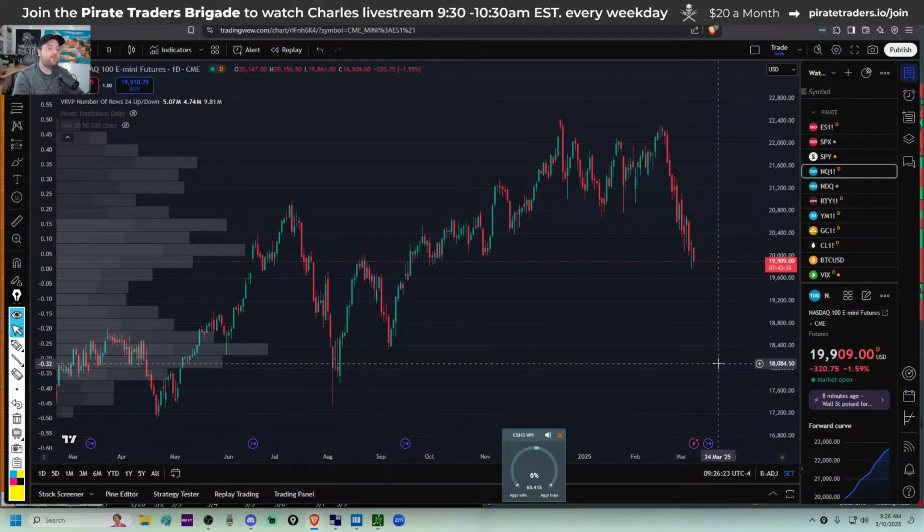Whereas I feel like the ES on a swing basis still needs a little bit more of downside, I would say the NQ could make a low in here and reverse up and out. But as of now, the momentum is to the downside. So same as ES, the higher probability is that it's going to continue lower. But man, this would be a great place to get a dead cat bounce, a great place to reverse back up into some resistance.